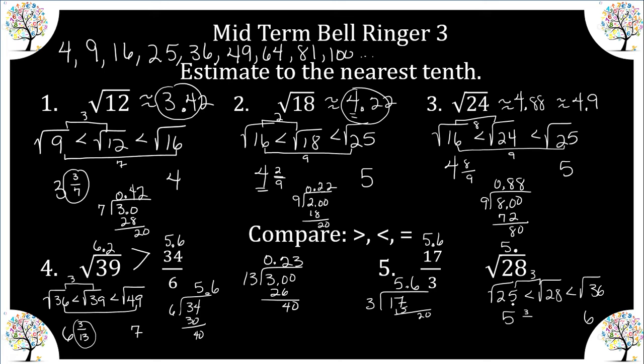So that's 3 over, and 25 to 36 is 11. Let's convert the 3 over 11, top in the box. So that would be 7. So we'd say about 5.3. So 5.6 is greater than 5.3.